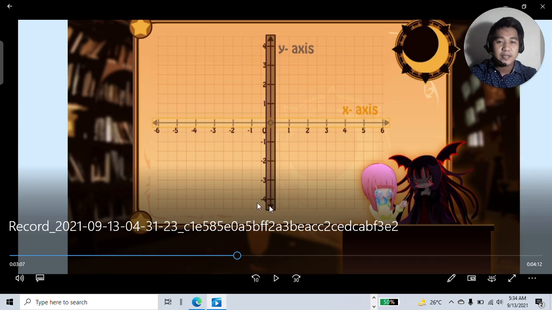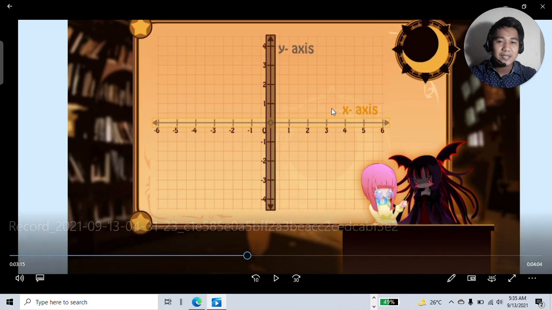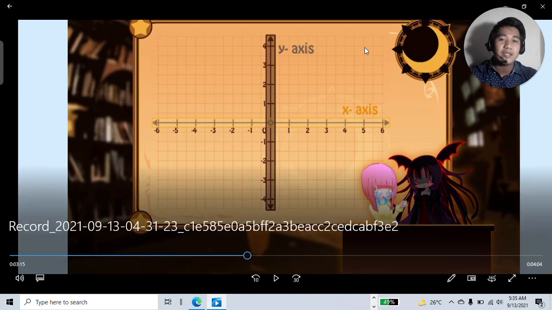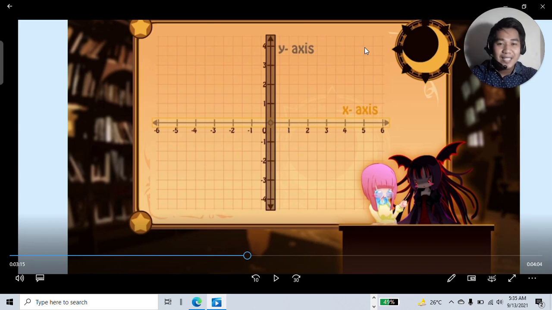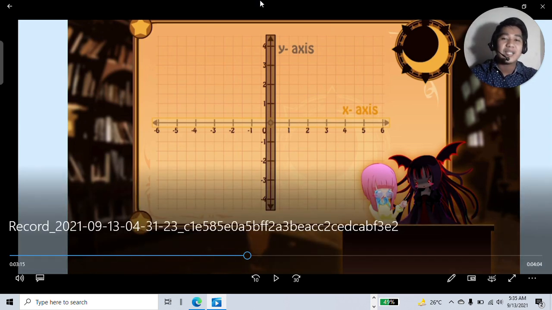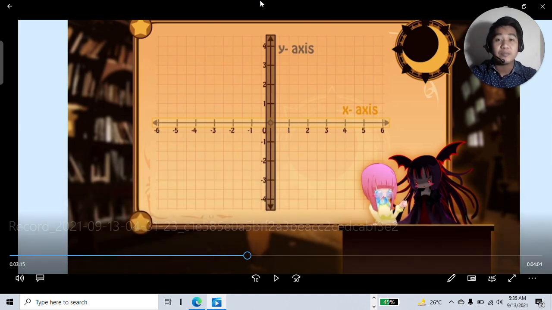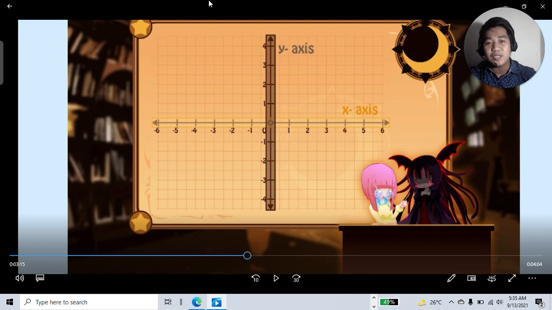This little girl asks, so the x and y axes are real number lines? And of course, the answer is yes. These horizontal and vertical lines are real number lines, meaning they have 0, all positive numbers, and all negative numbers.